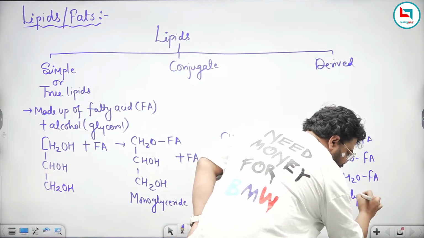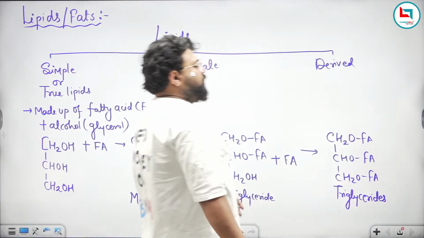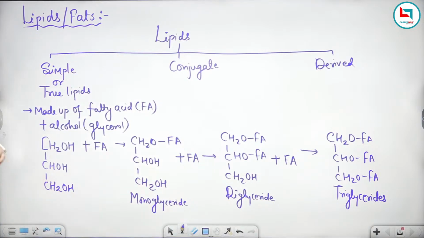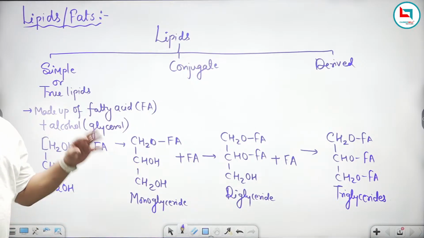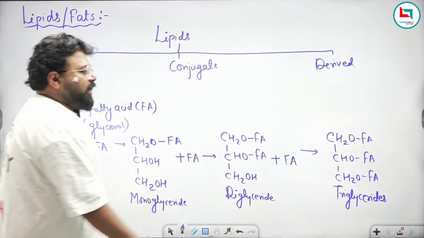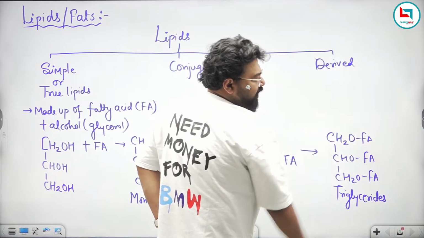Now the definition of lipids is basically that these are the triglycerides of fatty acids. So these are the molecules which contain triglycerides of fatty acids.